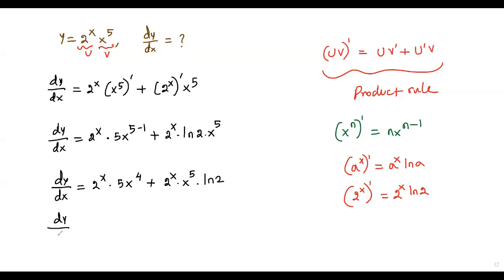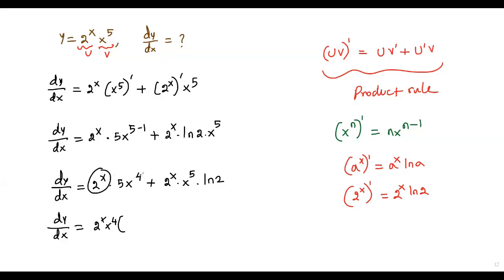So dy over dx equals, what can be factored out from these two terms? I find 2 to the x power in common. We have x to the fourth power in the first term and x to the fifth power in the second, but we can factor out x to the fourth power because it is common. So we can factor out 2 to the x power times x to the fourth power.